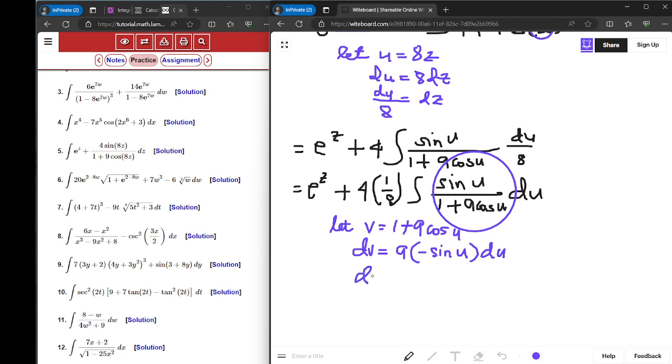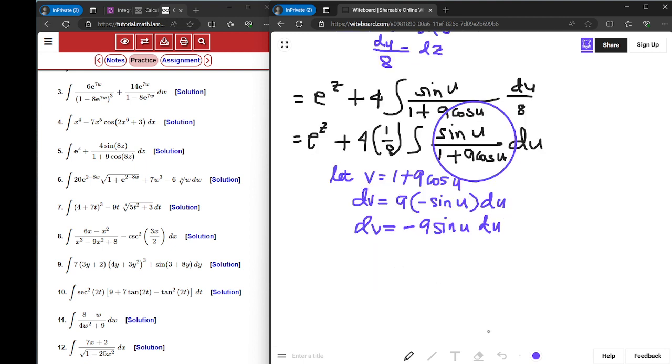Or dv is equal to negative 9 sine of u du. Then cross multiplication, dv over negative 9 is equal to sine u du, which is now our numerator.